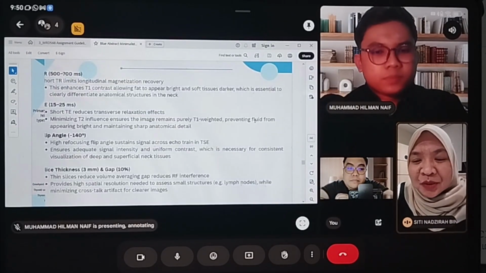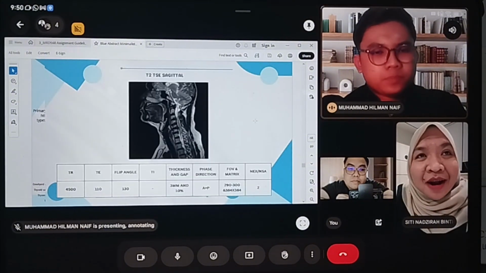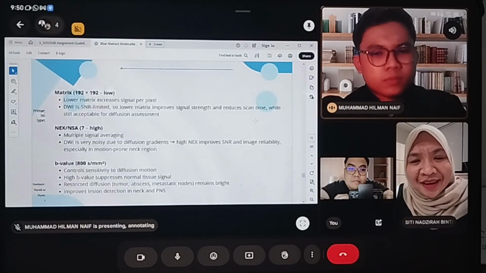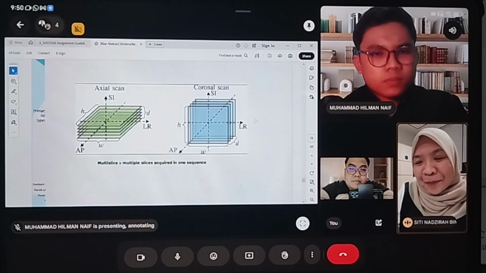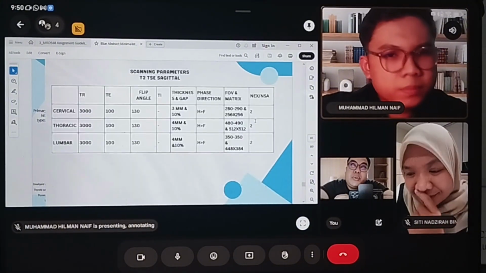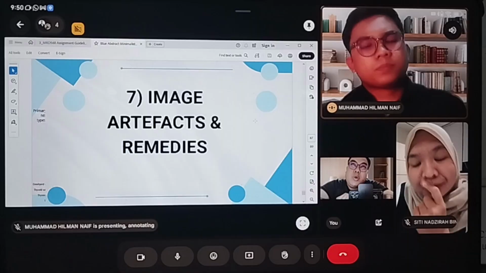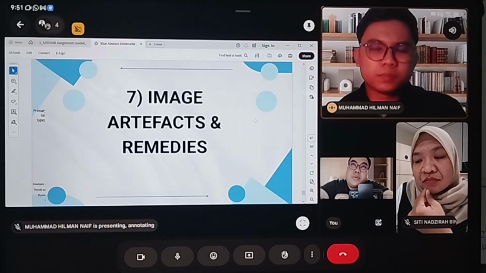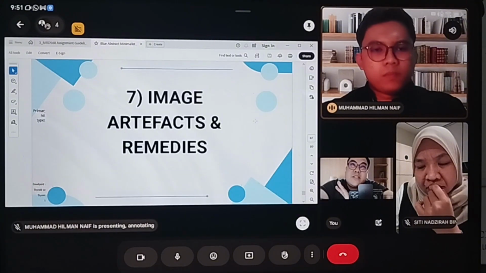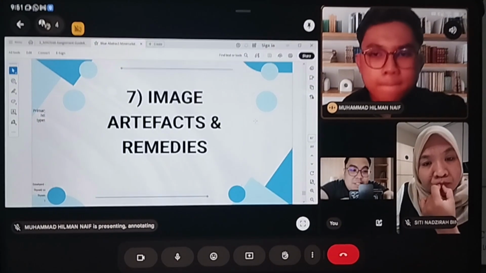I have some possible questions, if they are asked. Why is MRI preferred for neck soft tissue evaluation? I think the question is more about the protocols: why we choose that protocol for that type of pathology.